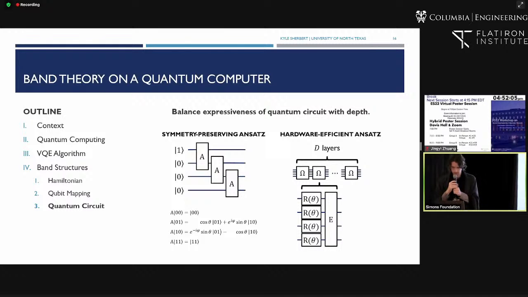The important thing to realize here is that you want to balance the expressiveness and the robustness of your quantum circuit with the depth of your circuit. The advantage to the hardware efficient ansatz is that you can very easily control its depth. Depth is important because the longer the circuit is, the more likely the qubit is to decay, decohere, lose its information with the environment. And so these are the trade-offs that you have to consider when designing quantum circuits.